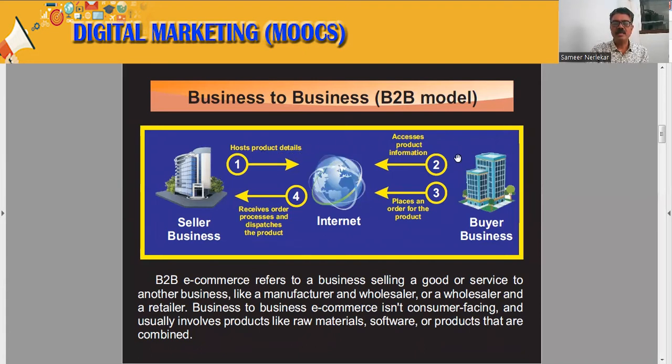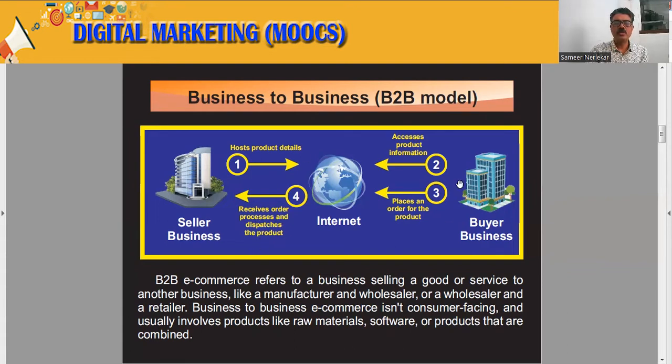Then at the other end, in the second stage, the buyer businessman accesses the product information on the internet. Then the buyer businessman places an order for the product on the internet, and then at the fourth stage, the seller businessman receives the order, processes and dispatches the product to the buyer businessman.